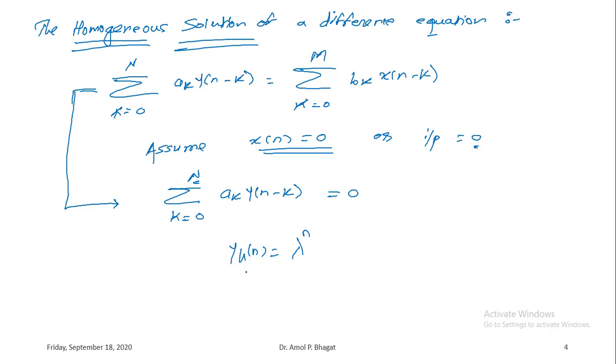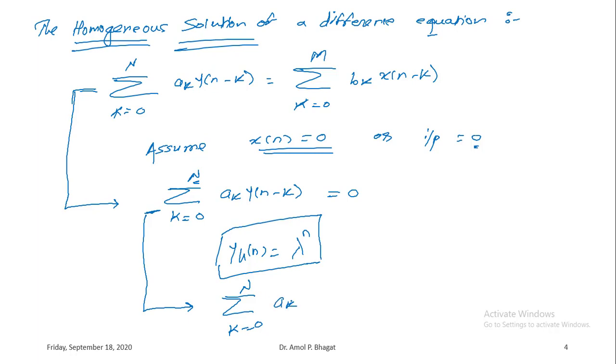So simply we'll substitute this value in this equation. We get summation k is equals to 0 to N a k, and in place of y of n minus k we substitute lambda to the power n minus k, is equals to 0.